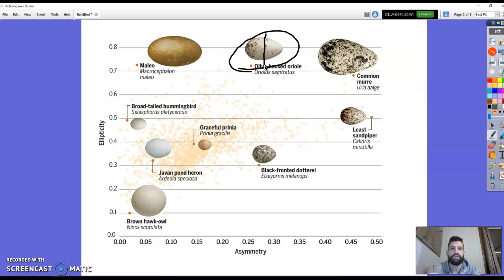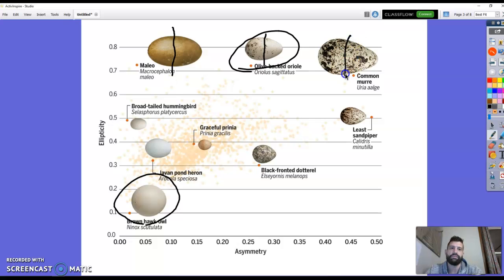I should say wider on the left. It gets pointy on the right side. Okay, you look at the brown hawk owl down here. It has a very, very round egg. So if you look at it elliptically, this egg, that is not a very straight line, but imagine that's a straight line. That egg there is pretty much the same on both sides, very elliptical shape.